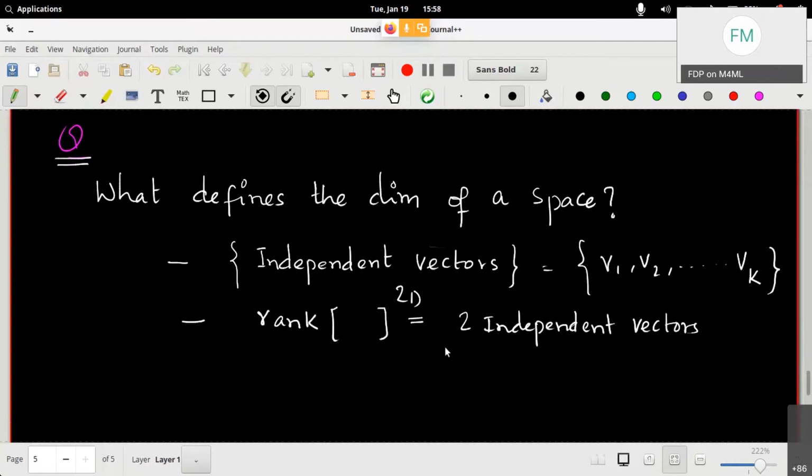Then those two would be called the bases. So I would say B1 and B2 are the 2 bases, which will be used later to fill up the entire space. I can use a linear combination of those 2 vectors to fill up my entire space.